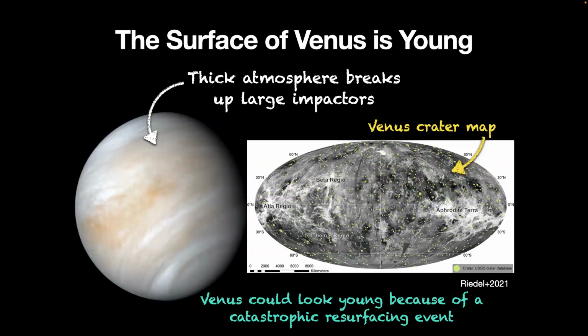So astronomers think that the surface of Venus is also geologically very young because there are very few craters. There could be few craters because of Venus's really big, thick atmosphere.